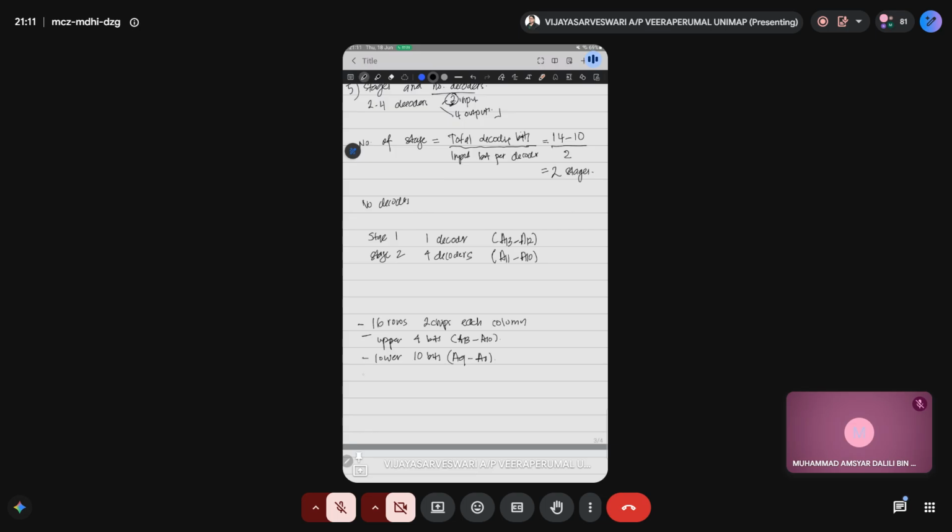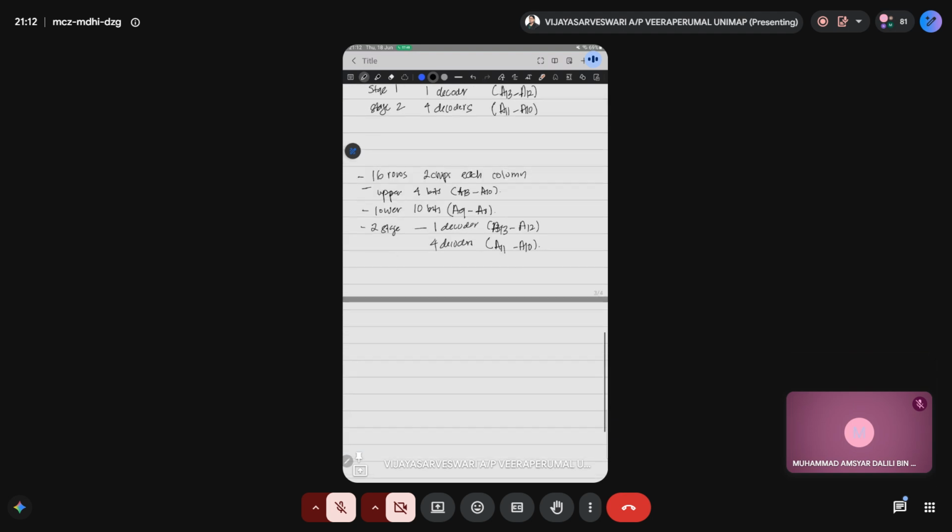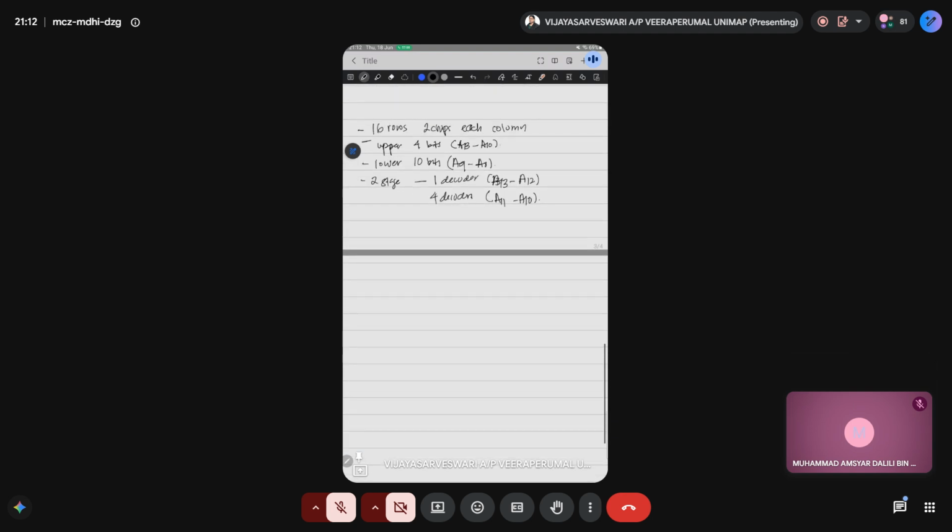We are using 2 stages of decoder. The first is one decoder, taking A13 and A12. The second stage, 4 decoders, uses A11 and A10. This is the information we need to draw the system.